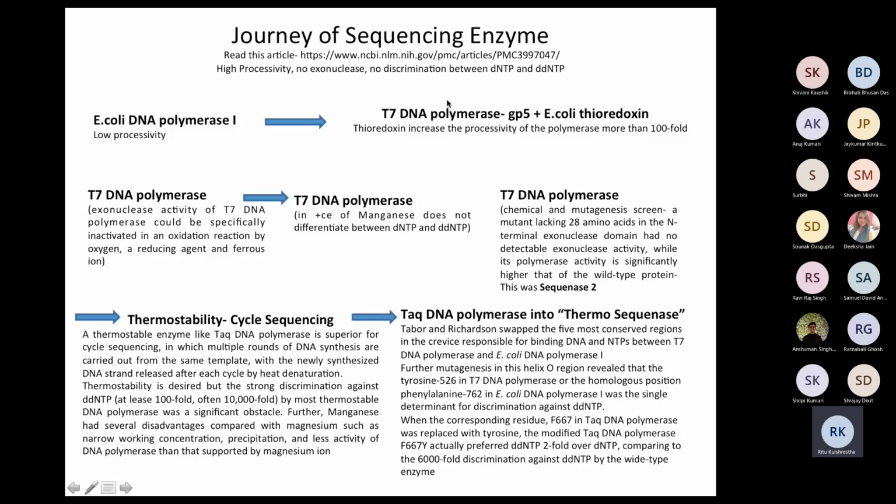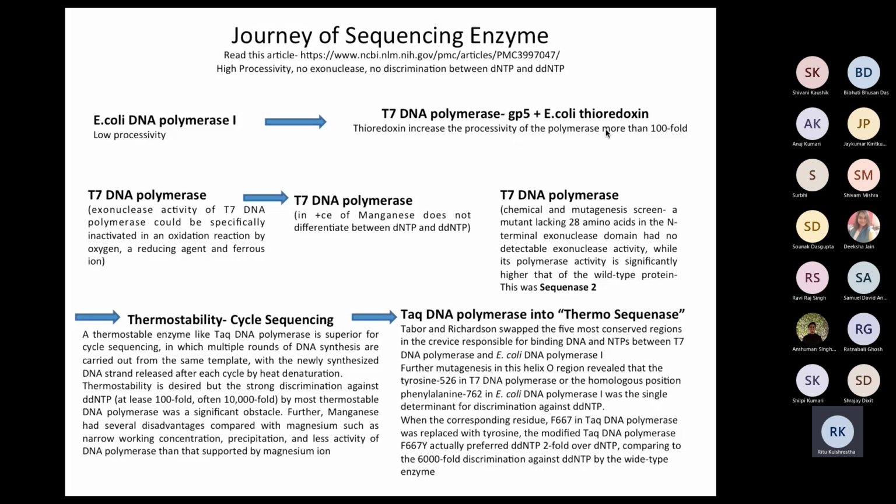Instead, they expressed T7 DNA polymerase, and they found that T7 DNA polymerase was definitely functional and able to polymerize in E. coli.